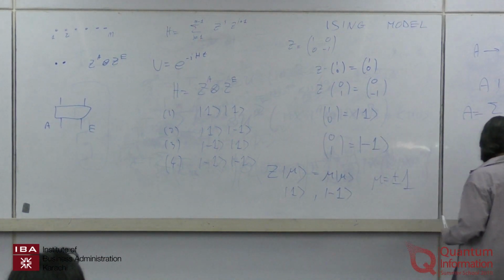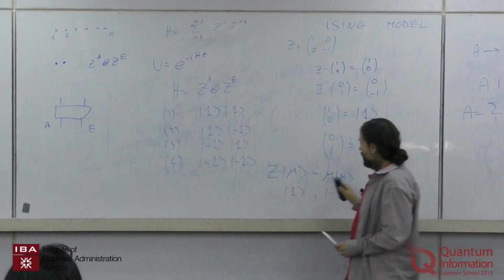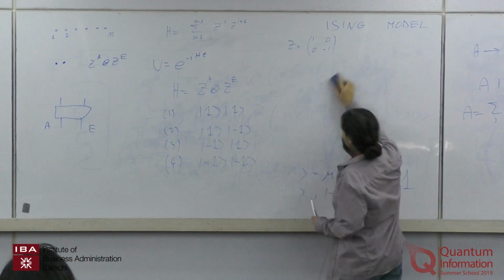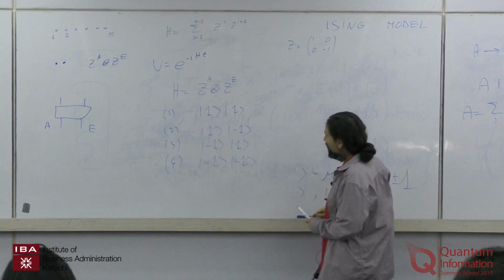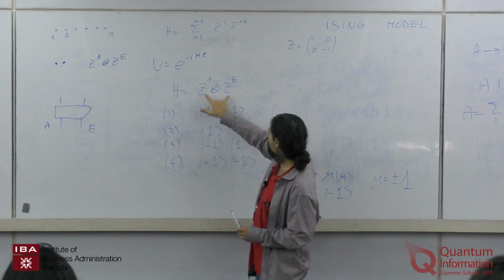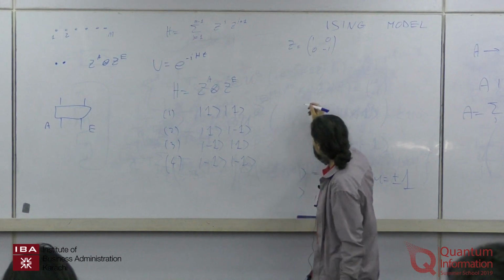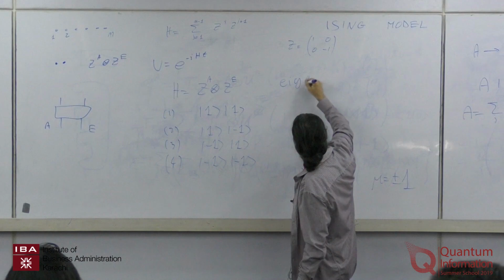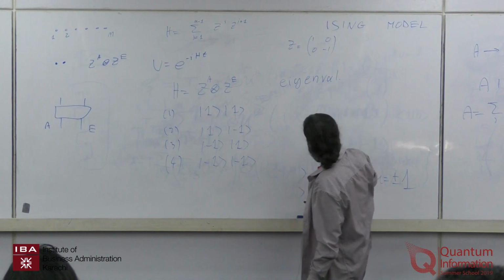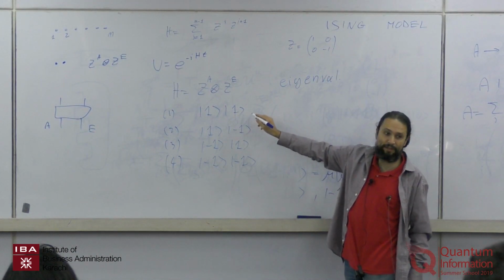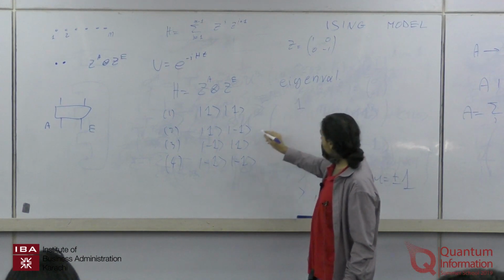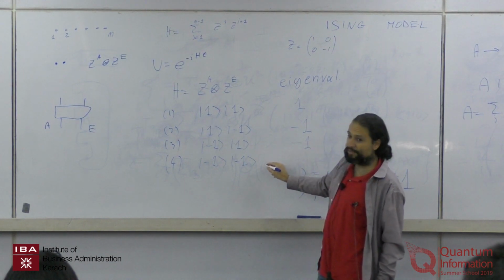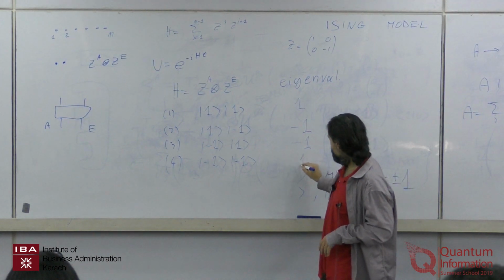Okay, and what are the eigenvalues? For the eigenvalue, you have to take this operator and apply it to this vector. So the eigenvalue of this is 1, for this minus 1, and for this 1, right?